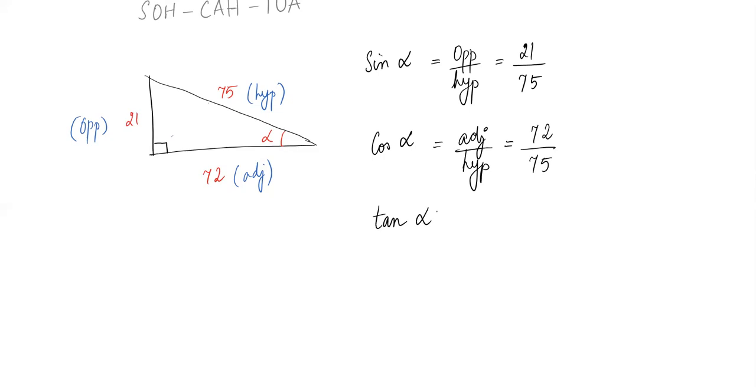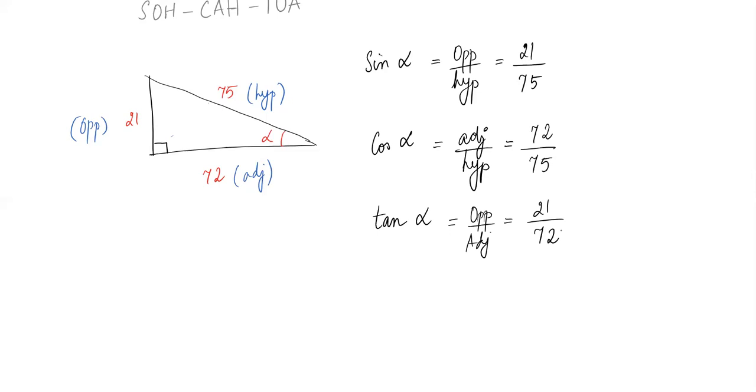And tan alpha, TOA, is opposite over adjacent: 21 over 72. So you can see their positions, and you are able to find the measures for these functions using these ratios.